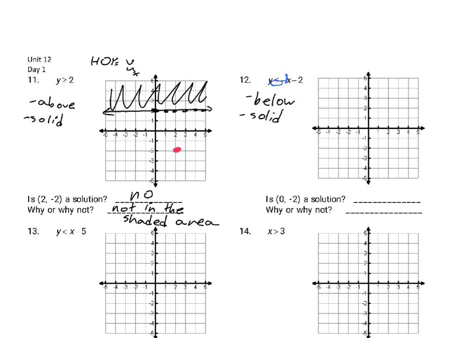So it's going to start at negative 2, and it's a negative slope, so going down 1 over 1. Okay. Now this is going to be solid, so we need to connect these dots. Okay, and it's going to be below.